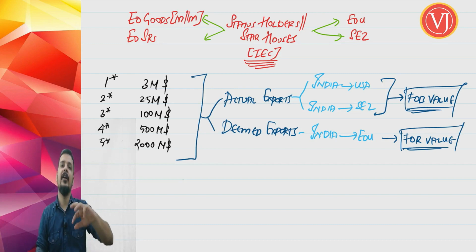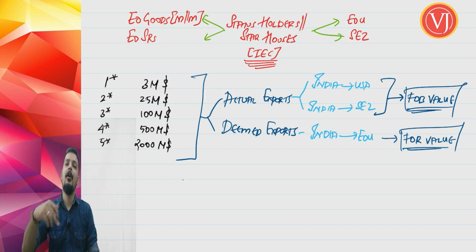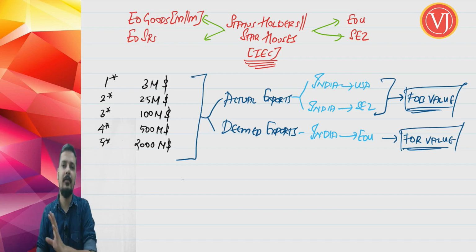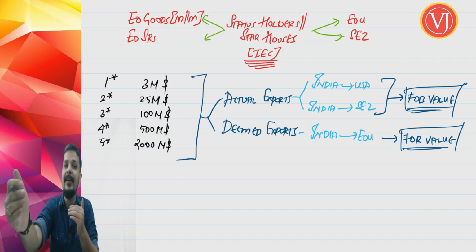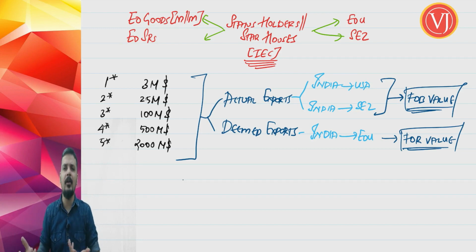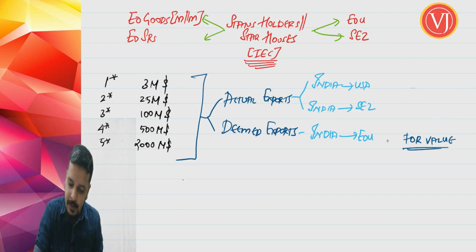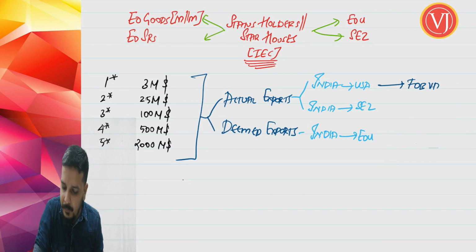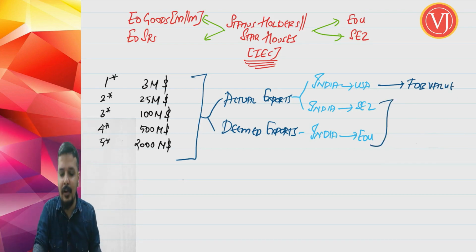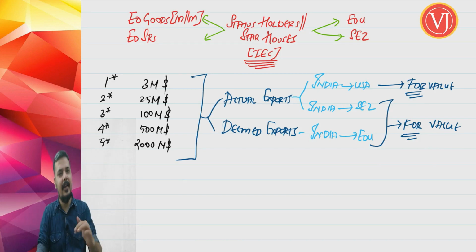right? When you are actually exporting, it is FOB value, free on board value, when the goods are going on board a ship or a vessel or an aircraft or a vehicle. That is FOB value, when the goods are actually leaving India. For deemed exports, the goods are not leaving India. Rather, if I were to be very clear, India to USA, friends, they are focusing on FOB value, whereas India to special economic zone and India to EOU, they are focusing on FOR value, free on road value, which means ex-factory price.